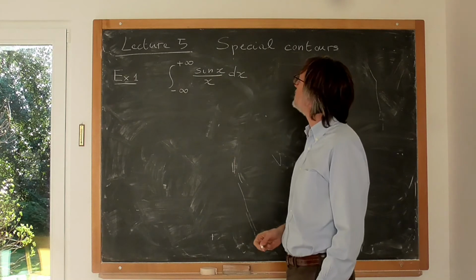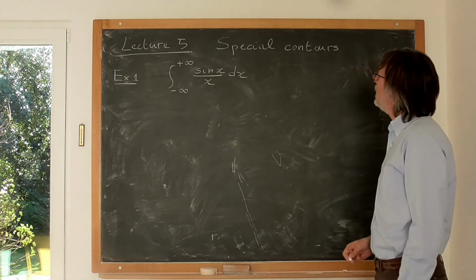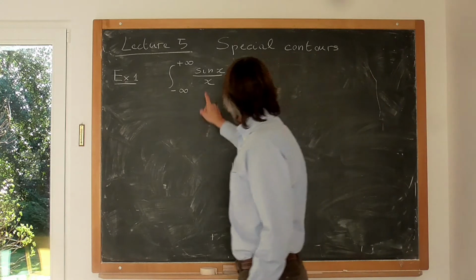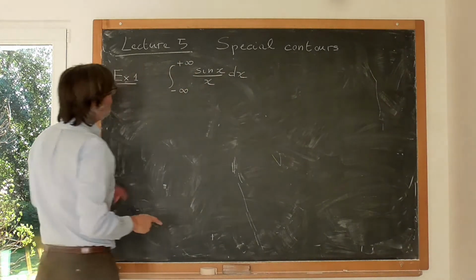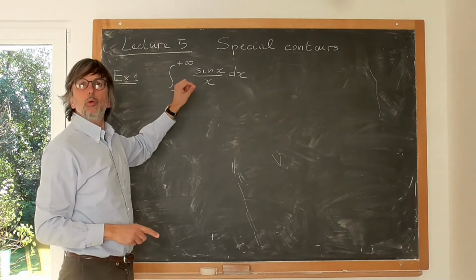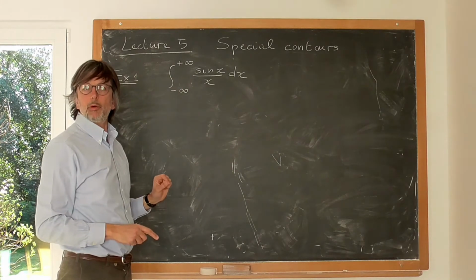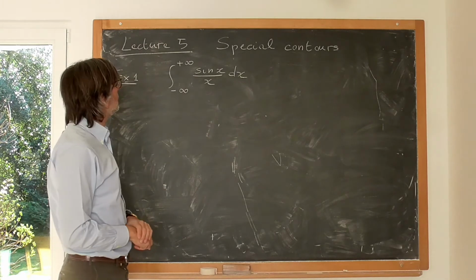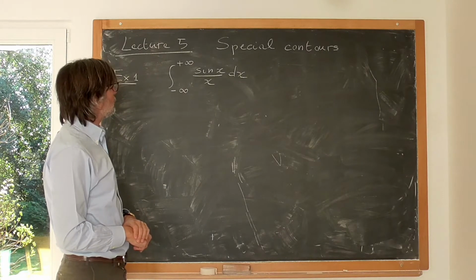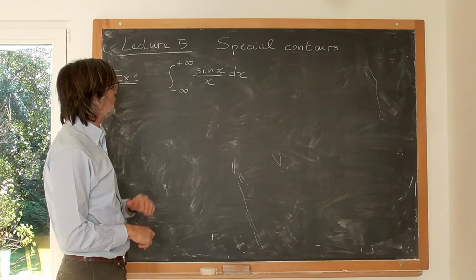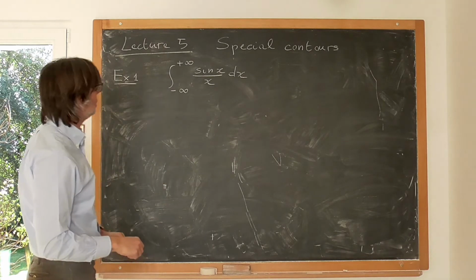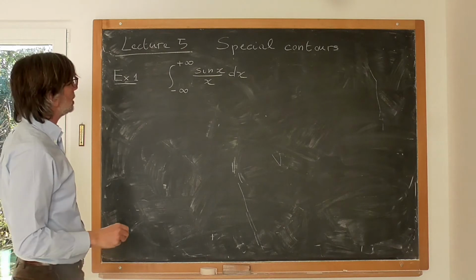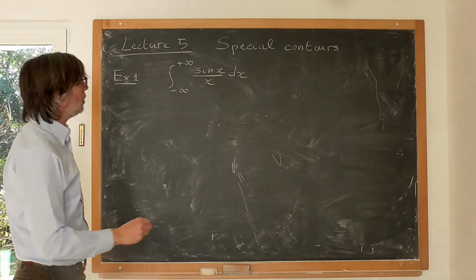The rational function is simply 1 over x. However, here the difficulty is that the rational function now has a pole on the real axis, whereas in type 3 we were assuming that the rational function had no poles on the real axis. So we'll have to do something slightly different.